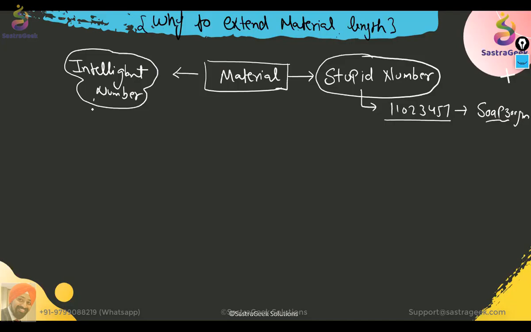An intelligent number is basically a number which has intelligence of its own. It would denote some parts, and by seeing them you would be able to tell what kind of material this is. Let's say it would start with the brand or major category. Let's say this soap is of brand Dove.